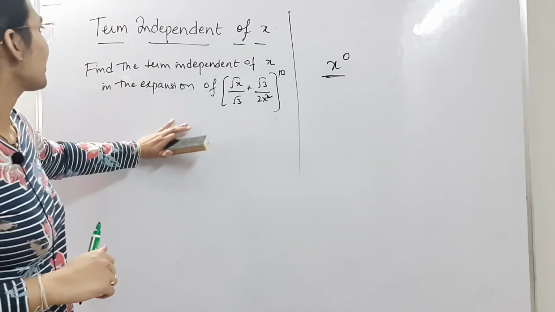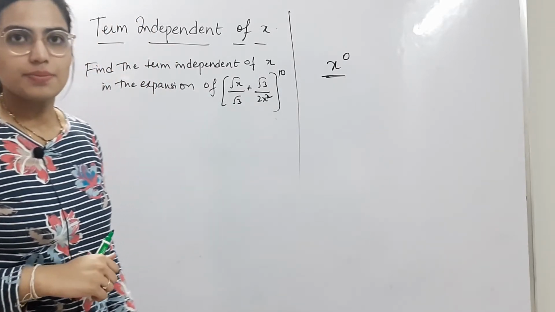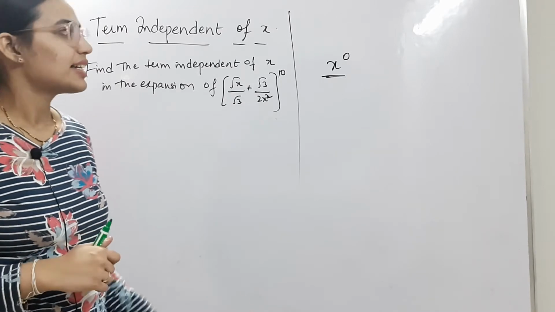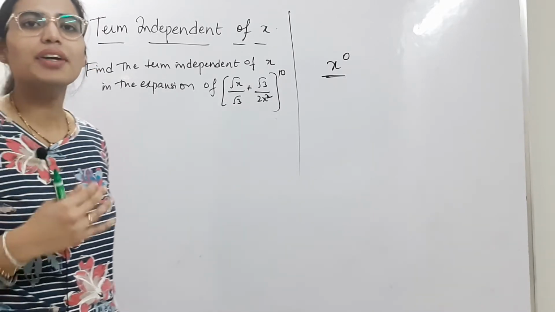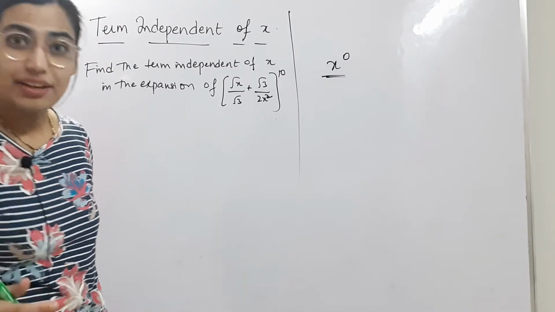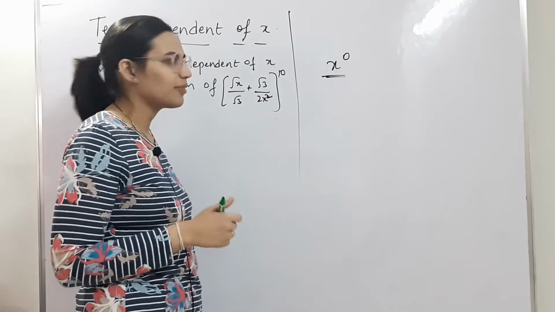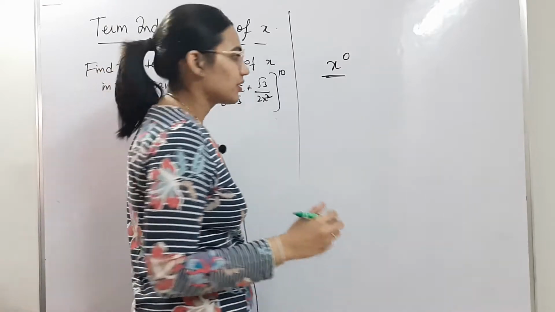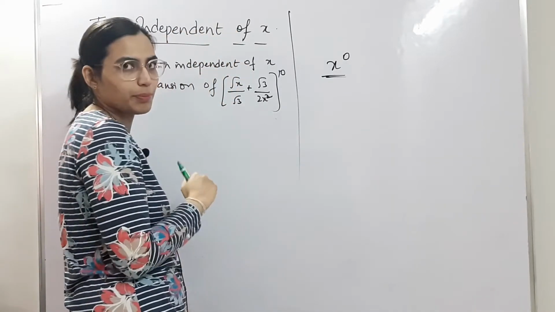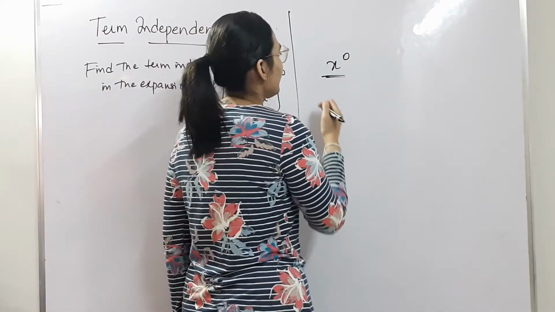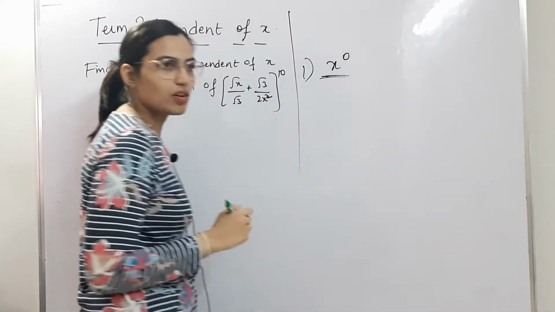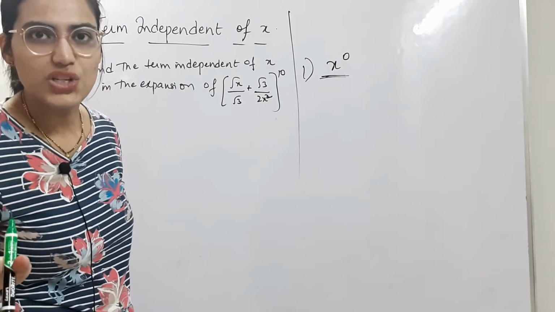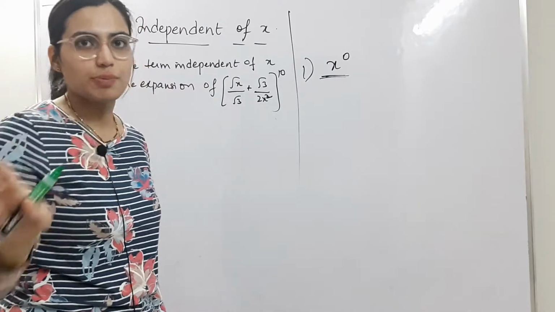Now, how to find such a term independent of x in the binomial expansion? What is the process? Remember our old and favorite general term. I'll give you the steps here and then let's solve the problem. First, you need to know that the term independent of x, or y, or any variable they give you in the question, means the power of that variable should be 0.